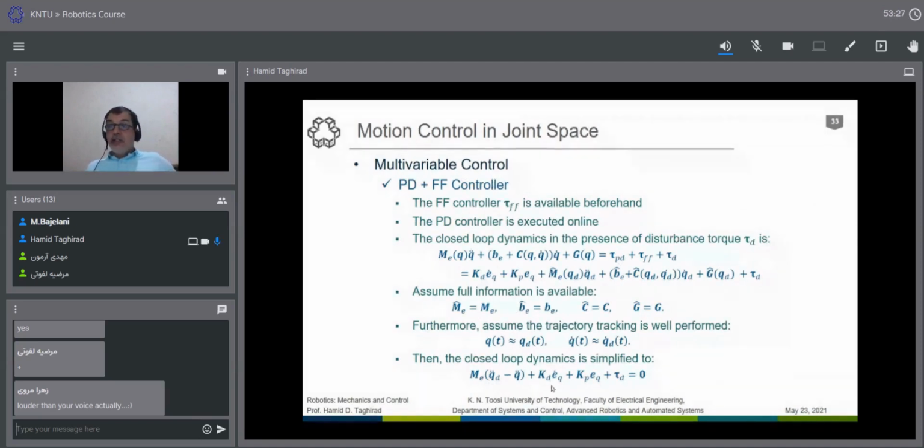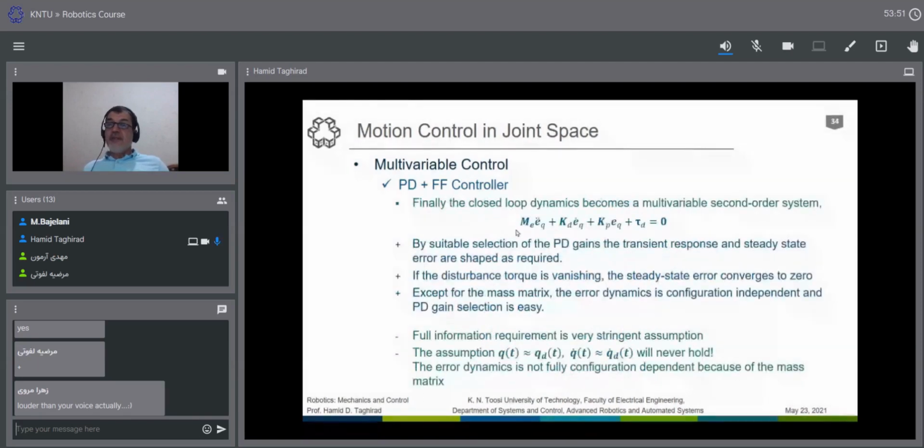And this is a second-order system. And you know that for a multivariable second-order system, for each joint, for each element, if these are diagonal and we have an M here, you can consider that everything, so this is the error dot, we can write it in here.